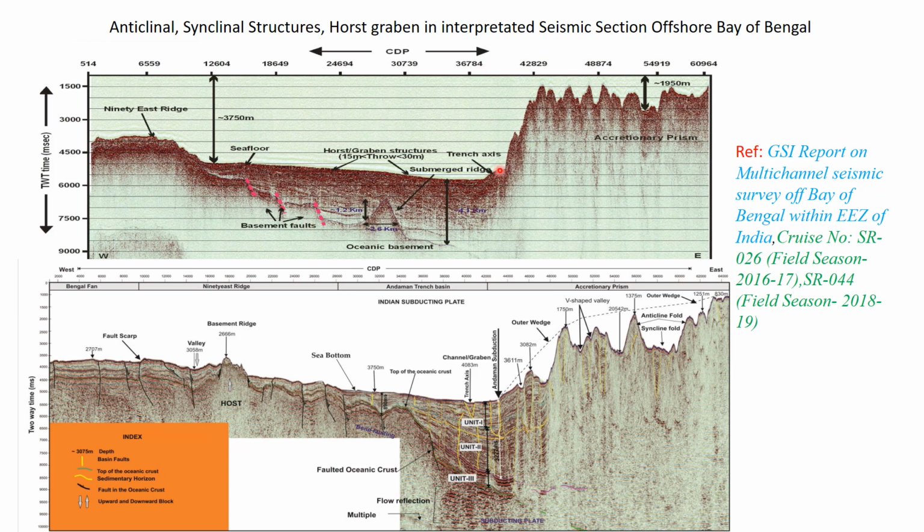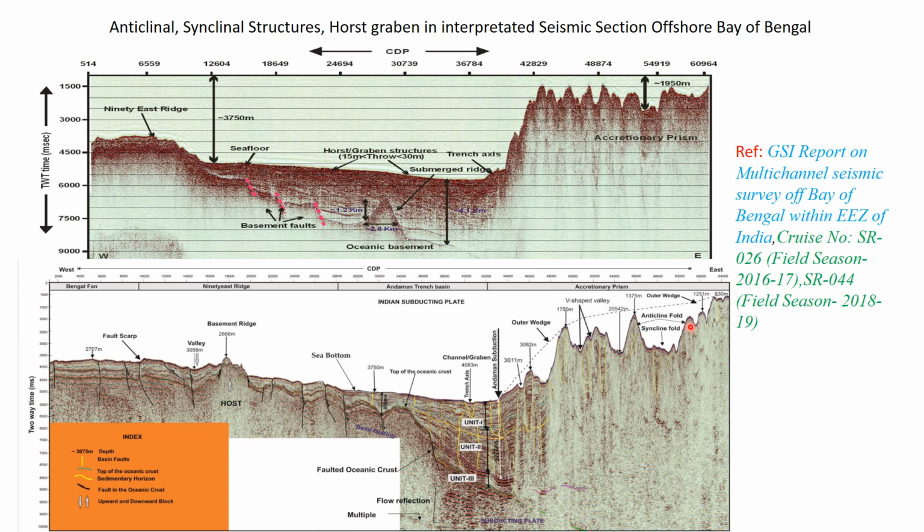There is a trench axis, and there are depression ridges and undulating structures which are very complex in the Andaman Sea. This is called the 90 East Ridge, this is the sea floor, and this is the basement floor. Down below this structure, from SR 044, there is the sea bottom, a horst graben structure, and different sedimentary units, unit 1 to unit 3.